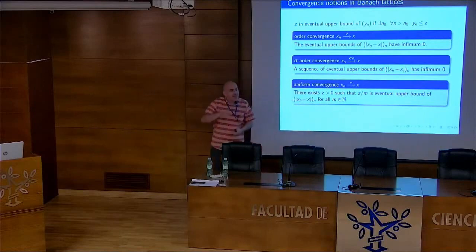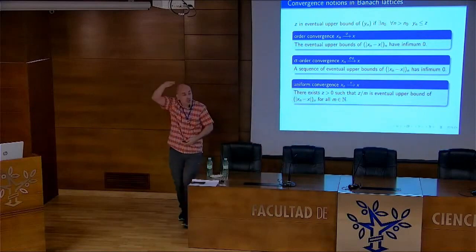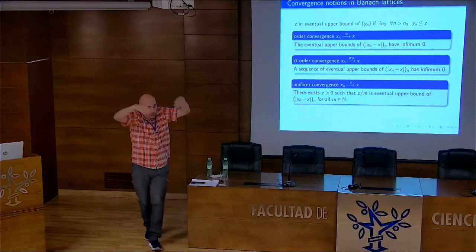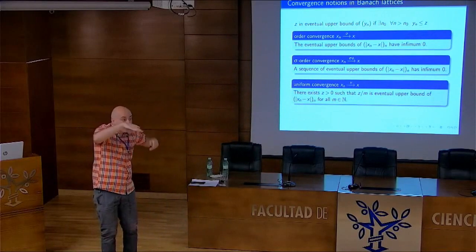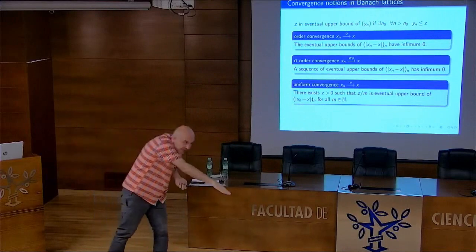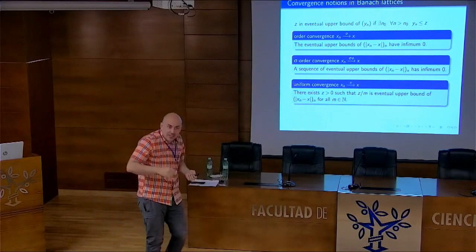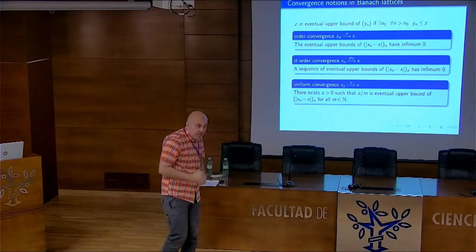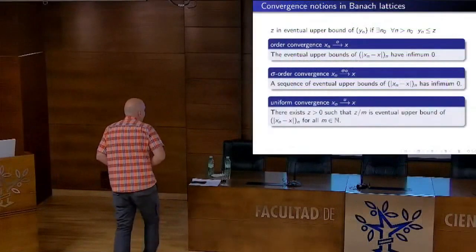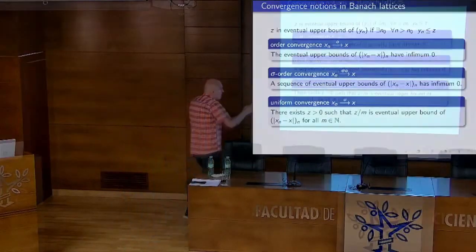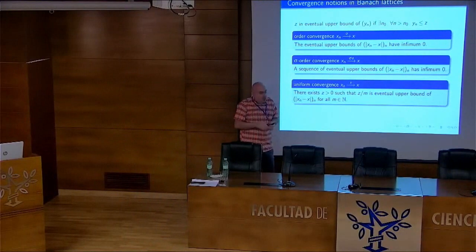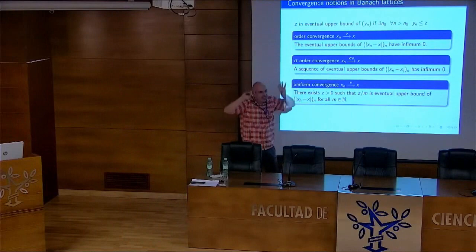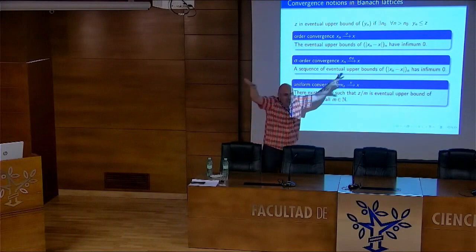If you think of your Banach lattice as functions, there is a function so that its scalar multiples catch the sequence going to 0. So here the convergence is located below a given function, while in the other cases it can be, so to speak, spread.